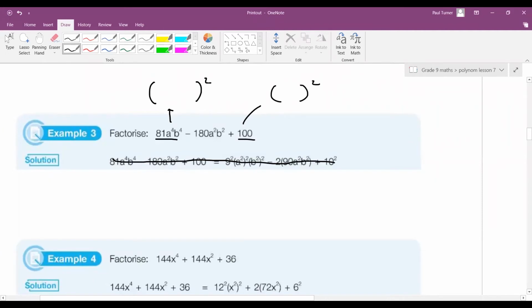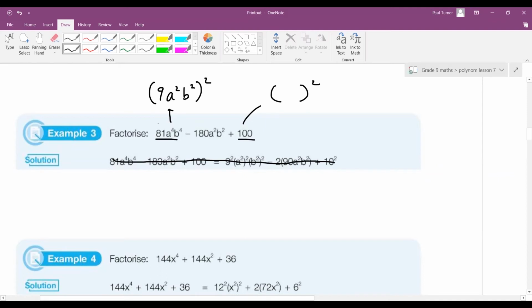So 81 must be 9 squared. Whoops. No power 2 there. The square's on the outside already. So 9 squared, 81. That means that if this is a4, this must be a2. And b4, this will be b2.